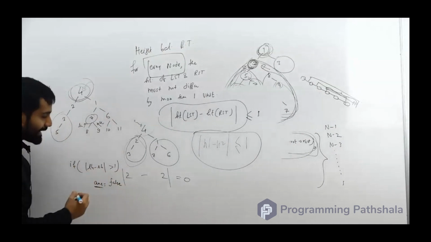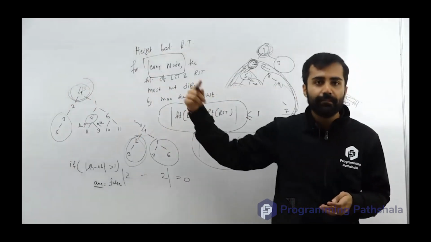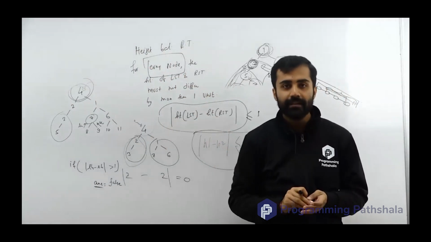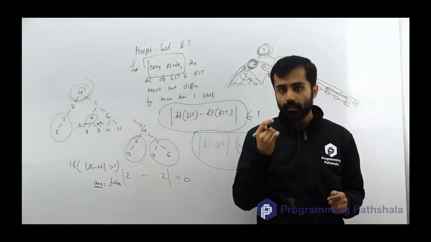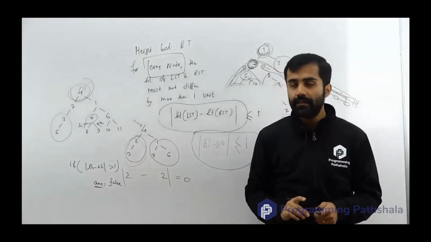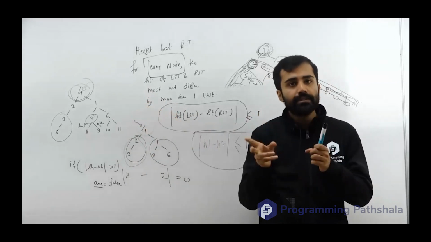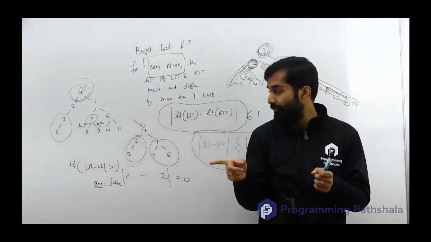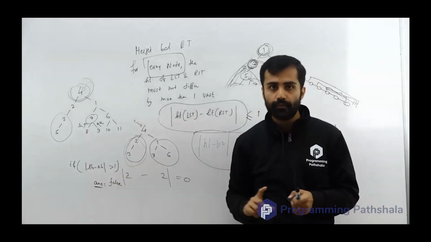And this answer can be a Boolean variable, which you can keep global or pass by reference. So you let your get height method remain as it is. The only trick that you play is whenever left height and right height have been returned for a particular node, just check for their difference. If their difference exceeds 1, then you turn your answer variable to false. That's it.